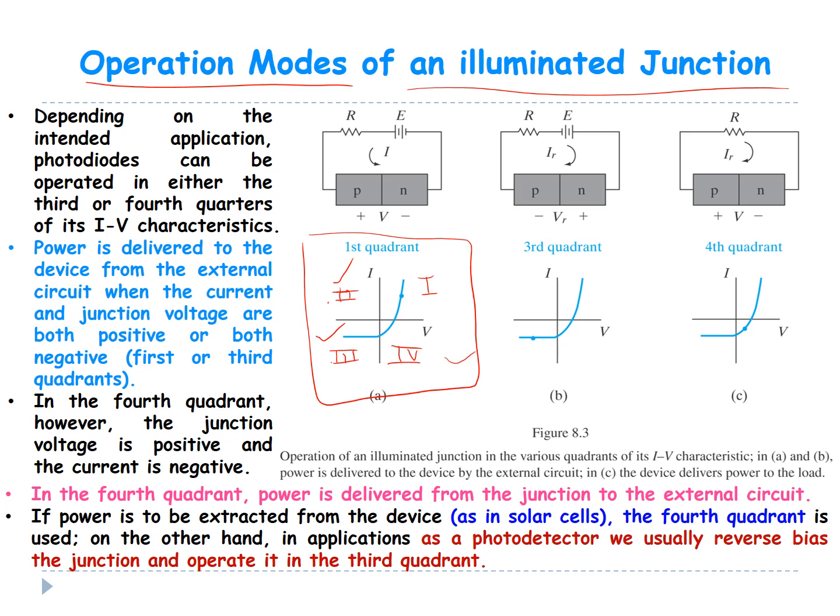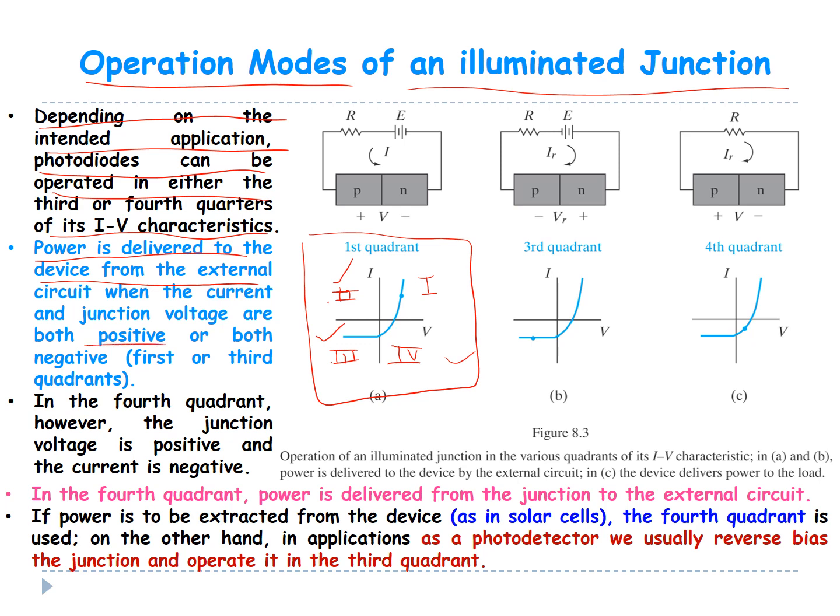Now, depending on the intended application, photodiodes can be operated in either the 3rd or 4th quadrants of its characteristics. Now, power is delivered. So this is very, very important to note that power is delivered to the device from the external circuit when the current and junction voltage are both positive or both negative.